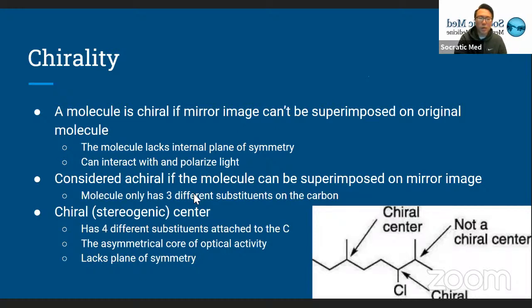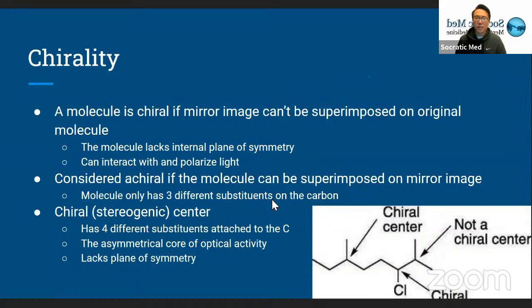And this is important because this determines how many different kinds of configurational isomers a molecule can have. And if a molecule is chiral, it can interact with and polarize light.